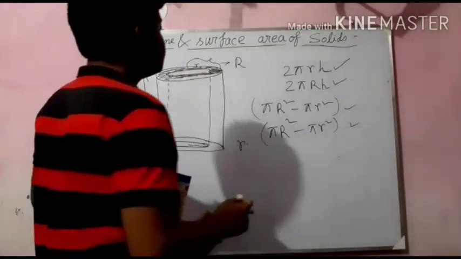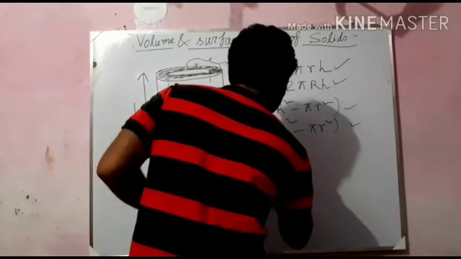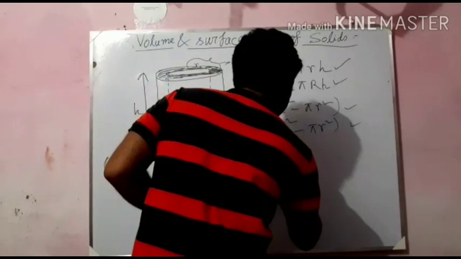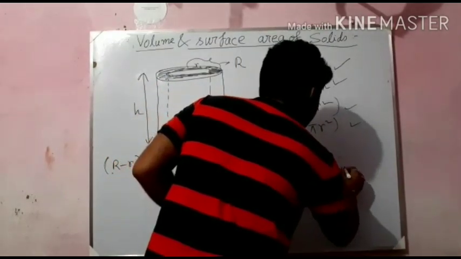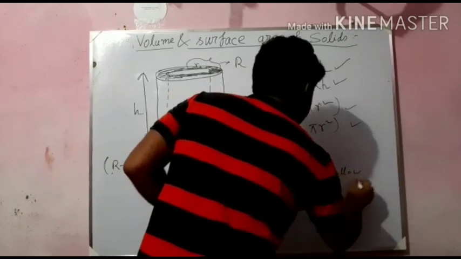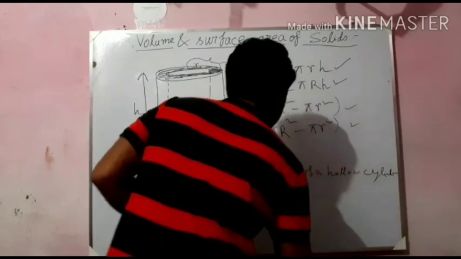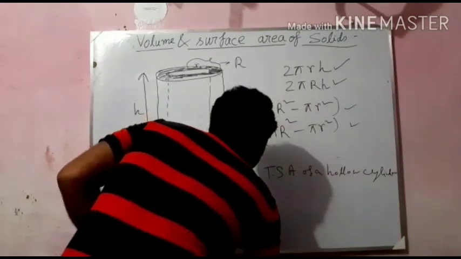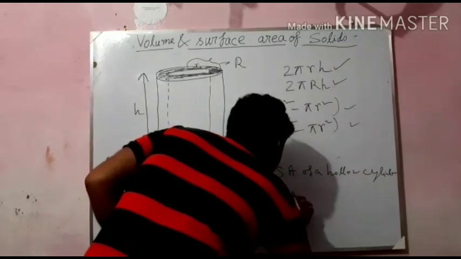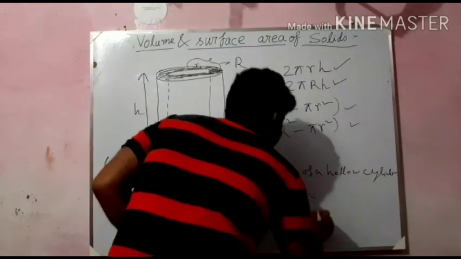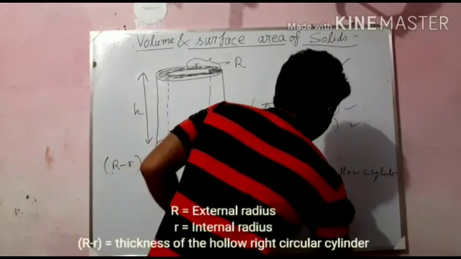Now add this. The total surface area of a hollow cylinder is 2 pi rH plus 2 pi RH plus 2.